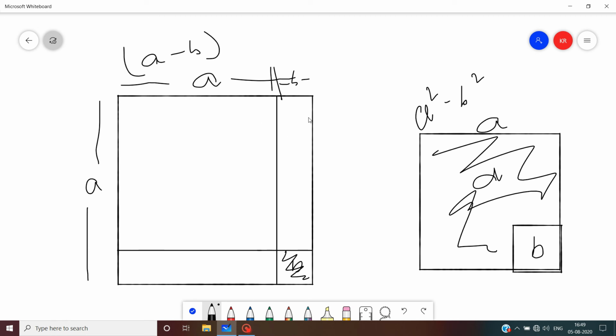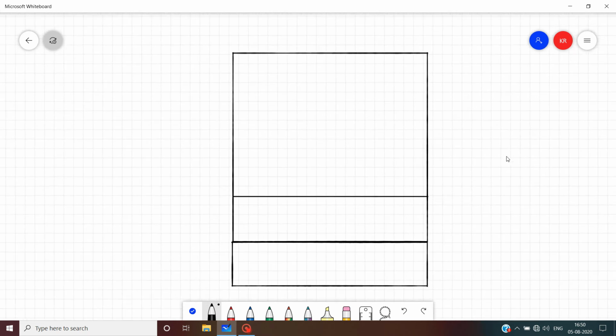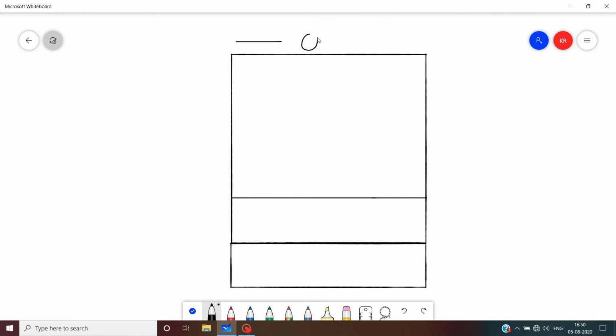We can achieve any one area by a rectangle area or square. So I am just transferring this rectangle part to the other side to obtain a rectangular shape. So you see here, this will be a minus b.